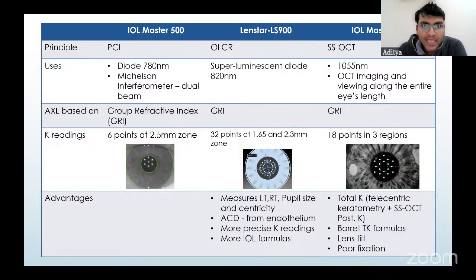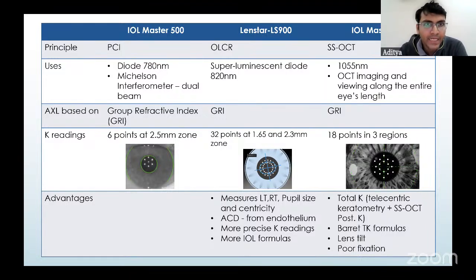So we say as the wavelength increases, there is an increase in depth and better axial length readings. The added advantage of IOL Master 700 is that it images along the entire eyeball length. So the axial lengths are based on group refractive index. This I would be discussing a bit later.